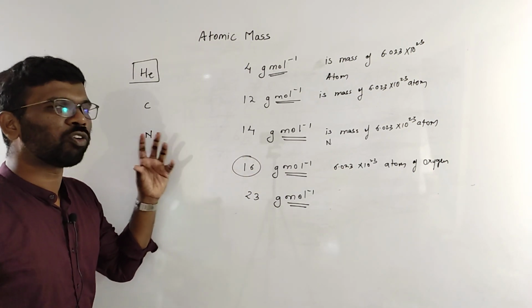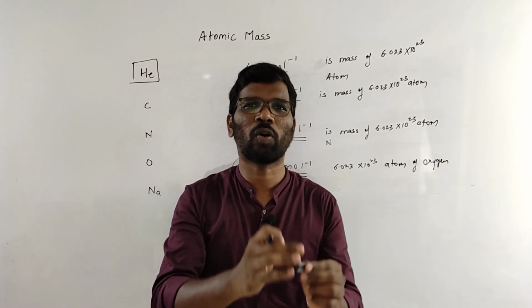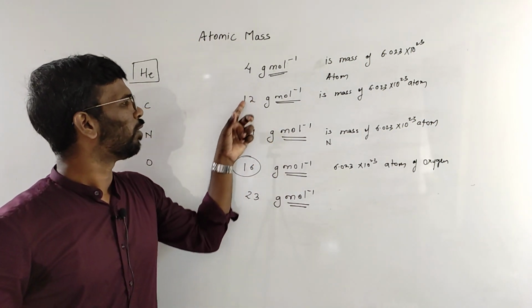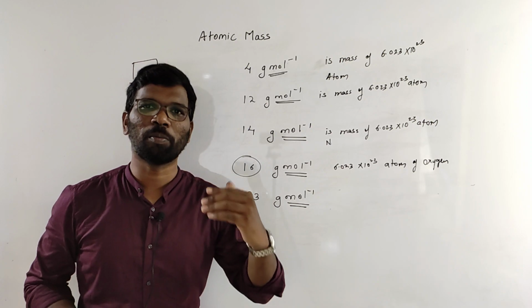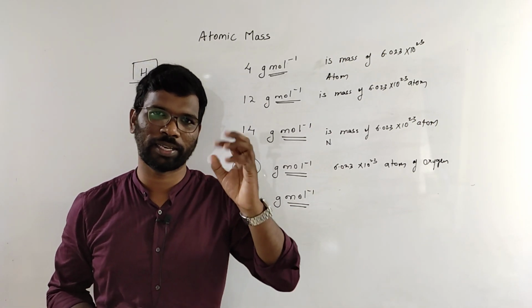So atomic mass is given for a certain quantity of atoms, right? So 4 gram, 12 gram, 14 gram, 16 gram, 23 grams means it is the mass of 6.023 into 10 raised to 23 atoms.